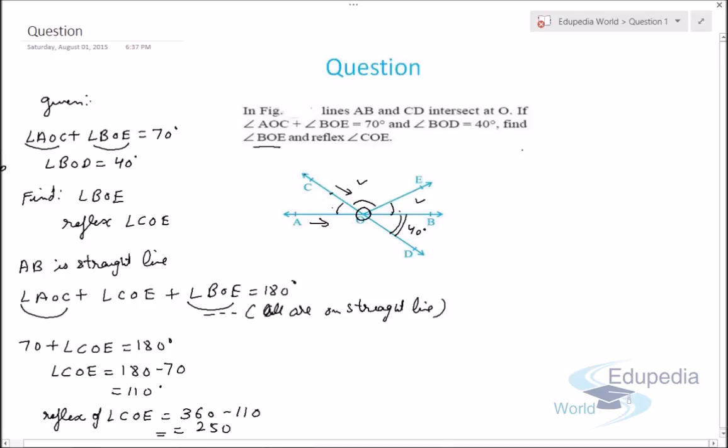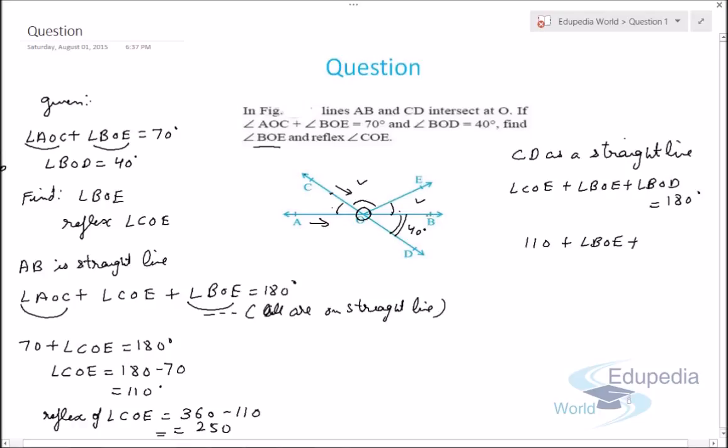Let's see. Now if we consider CD as a straight line, we got angle COE plus angle BOE plus angle BOD equals 180 degrees. So angle COE is 110, plus angle BOE which we need to find, plus angle BOD which is given as 40 degrees, equals 180 degrees.